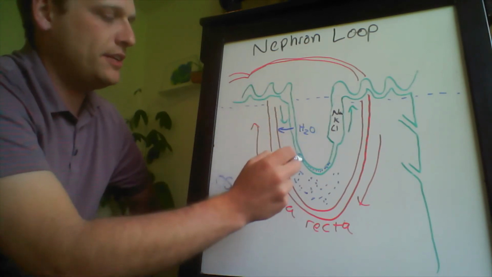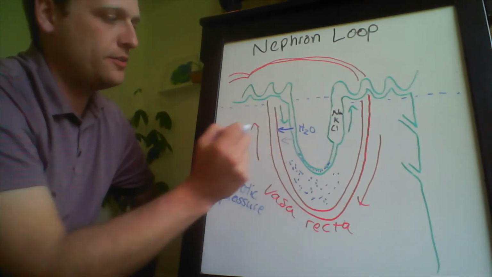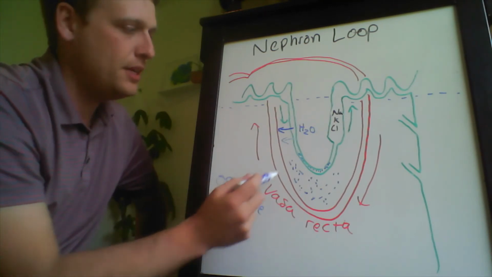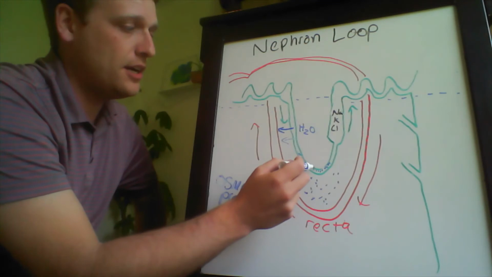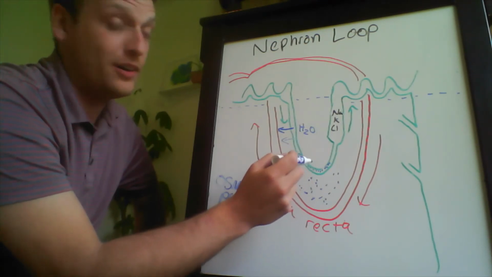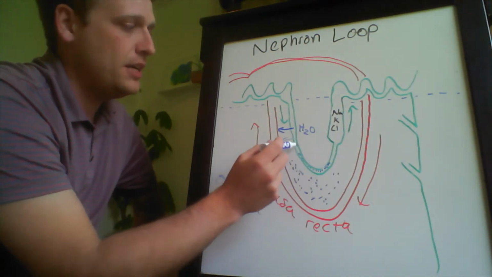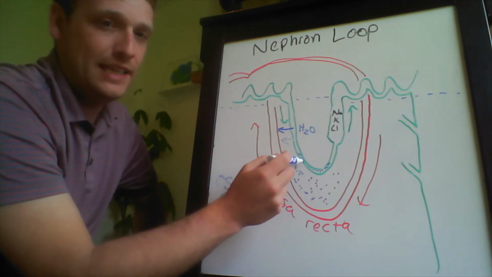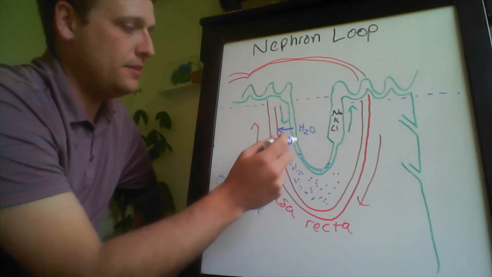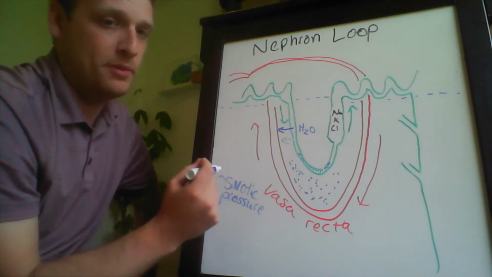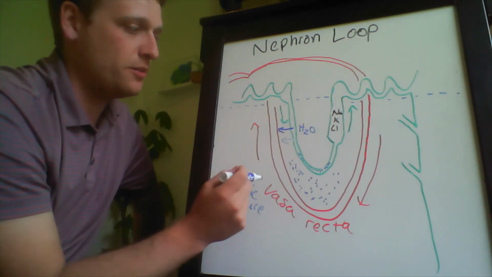So as you're traveling this direction, you're removing water, it's being reabsorbed, and because you're removing water, the concentration of electrolytes in the loop is increasing. And remember, those electrolytes cannot leave this descending loop. The descending limb of the loop is impermeable to electrolytes but permeable to water.